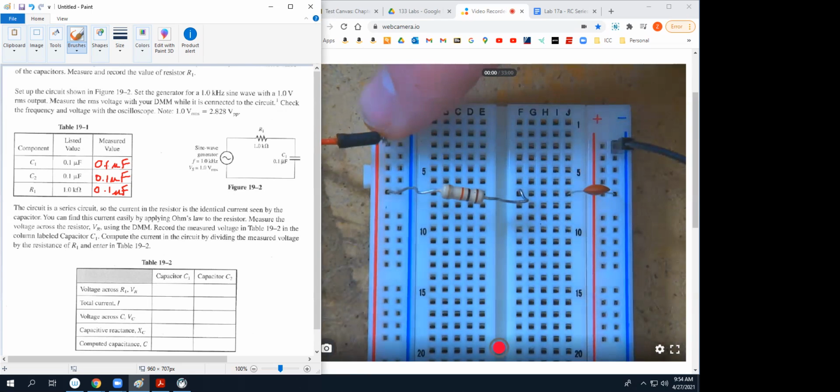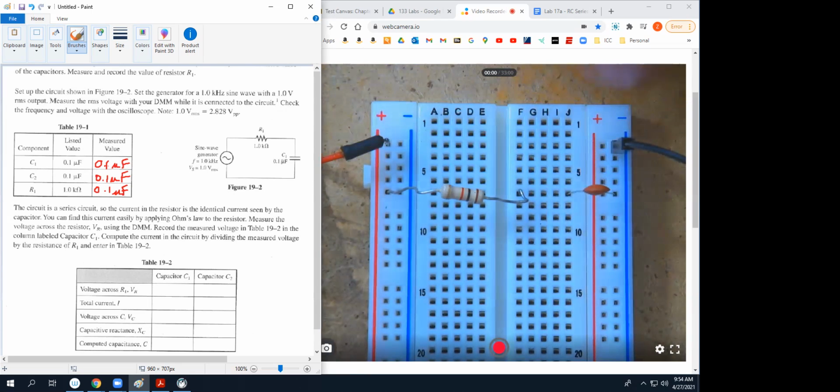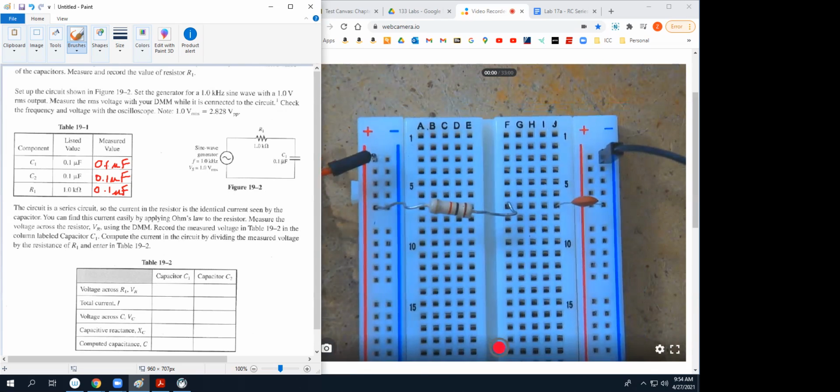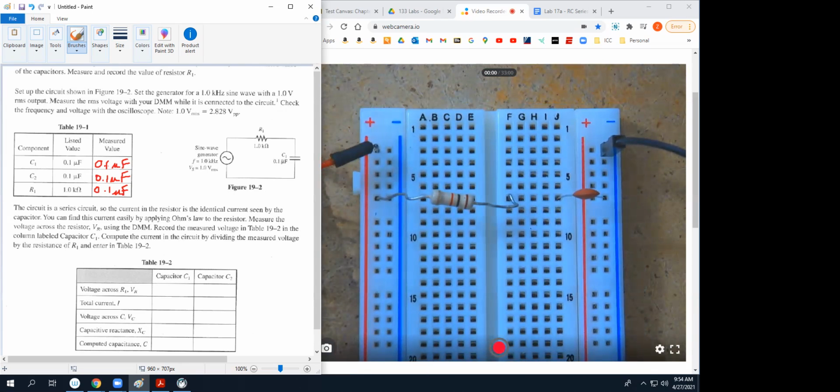And I'm using the positive rail and the negative rail to make my connections to the function generator. But first I need to check the resistance of my resistor with my meter.